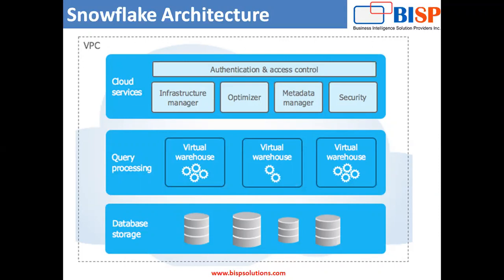In the data storage layer, when data is loaded into Snowflake, we can load it from various data sources. Snowflake reorganizes that data into its internal optimized, compressed, columnar format, and the data is stored in cloud storage.